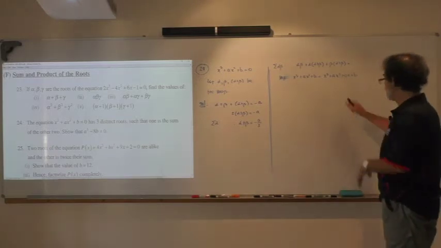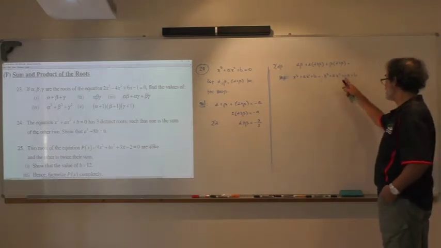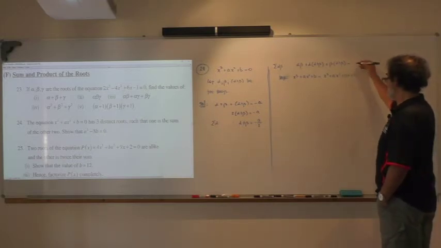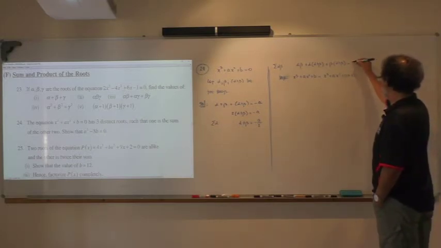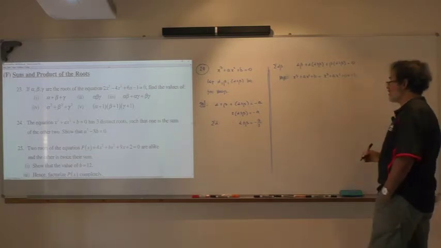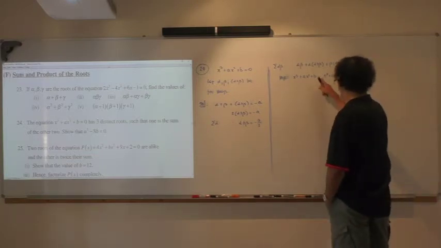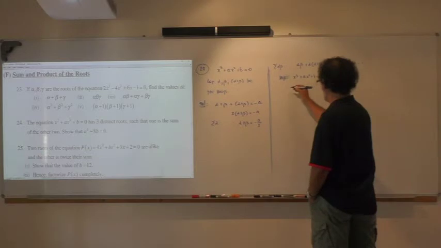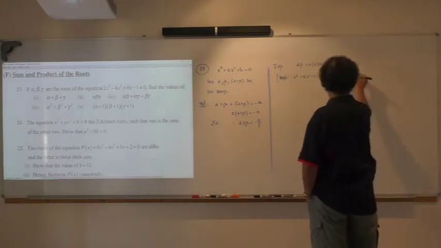Now we can see that in here we've got a, b, c, and c is equal to 0. So this is going to be equal to 0 over 1, which is 0.